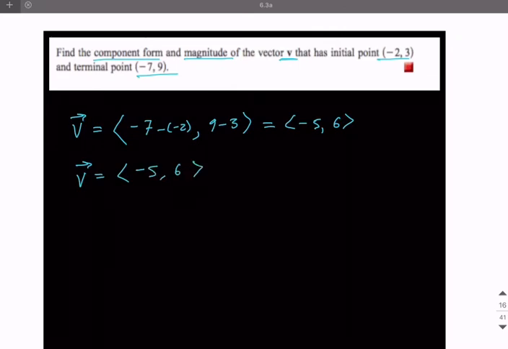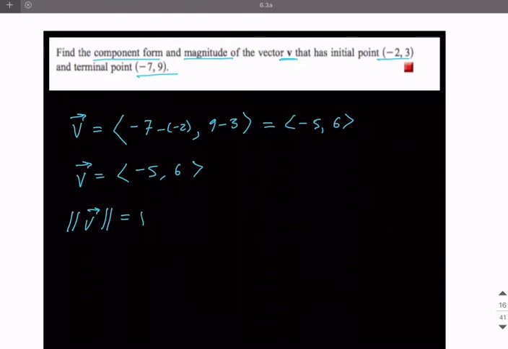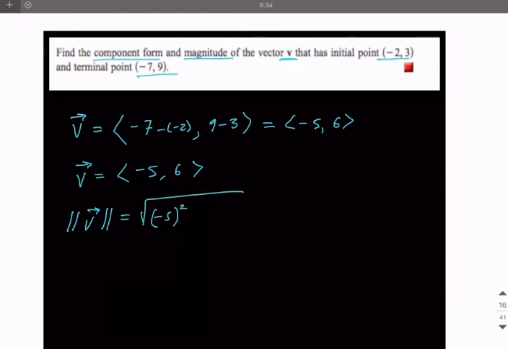Now the magnitude of v is going to be the square root of negative 5 to the power of 2 plus 6 to the power of 2, which is square root of 25 plus 36.